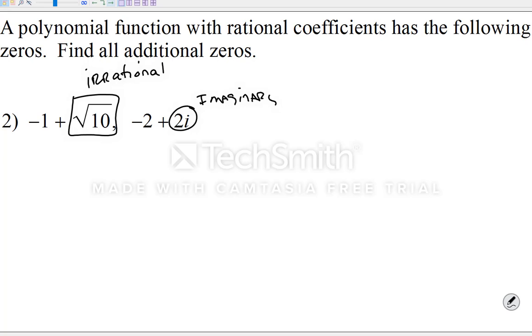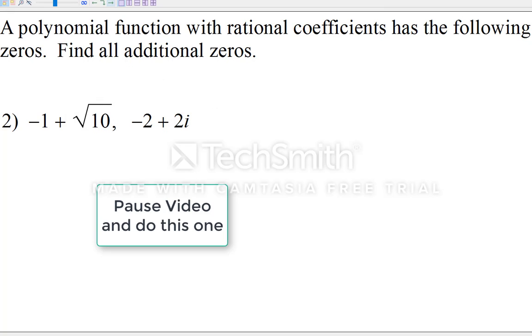So therefore, with both of these roots, I also have the conjugate roots that I have to include. Well, I have to write them as negative 1 minus root 10 and negative 2 minus 2i. So this is now a 4-root polynomial, x to the 4th power somewhere down the line when we do that.